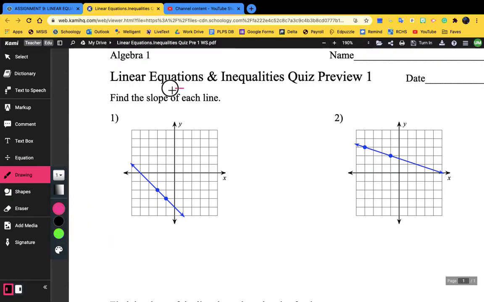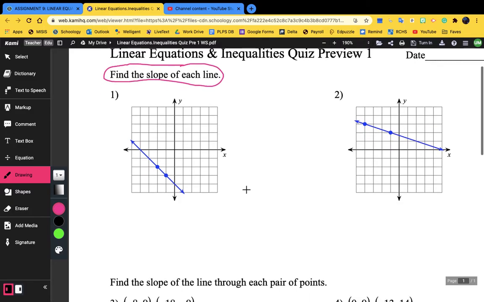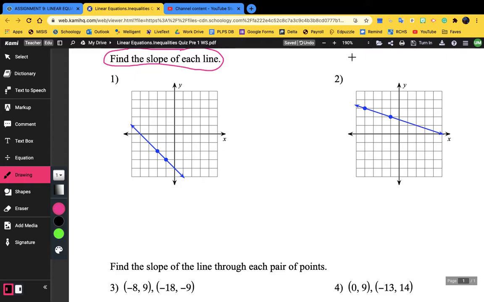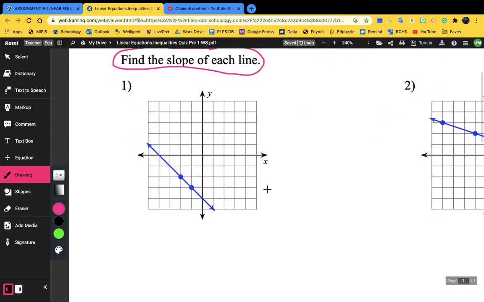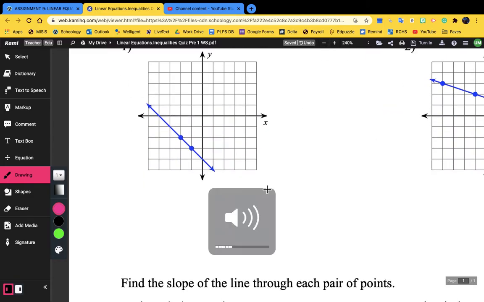So first thing we're going to do is find the slope of each line. Fortunately on these first 2 examples, they already gave us points, right? I'm going to make this one a pink point, just so I know I have different colors here. To get from my pink point to my blue point, I'm going to go down 1.